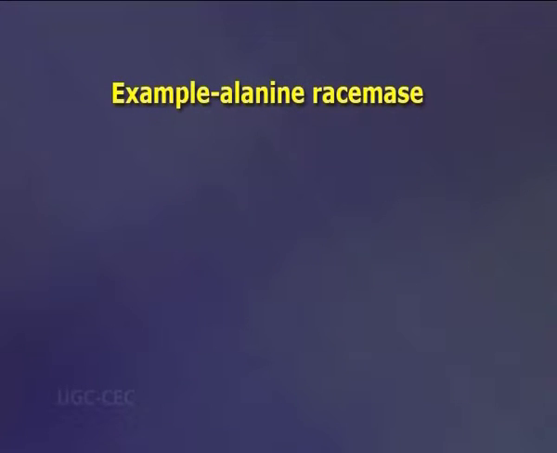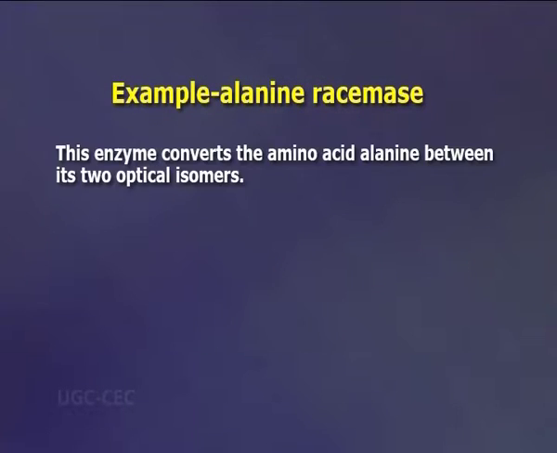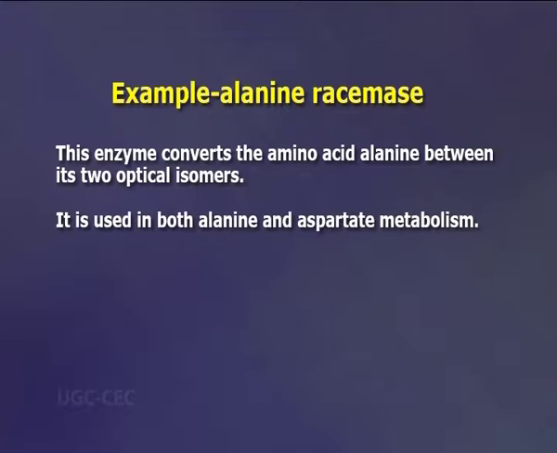Example, alanine racemase. This enzyme converts the amino acid alanine between its two optical isomers. It is used in both alanine and aspartate metabolism, that is, D-alanine converted to L-alanine.